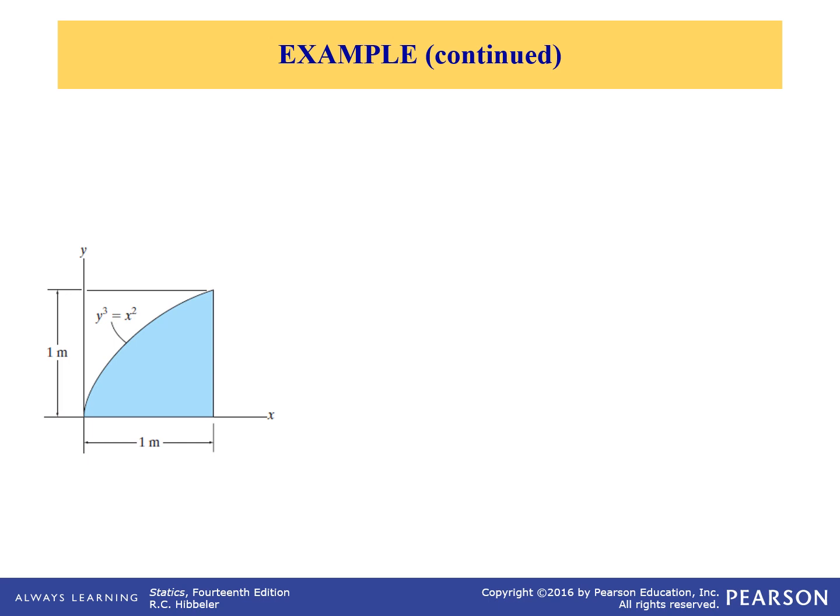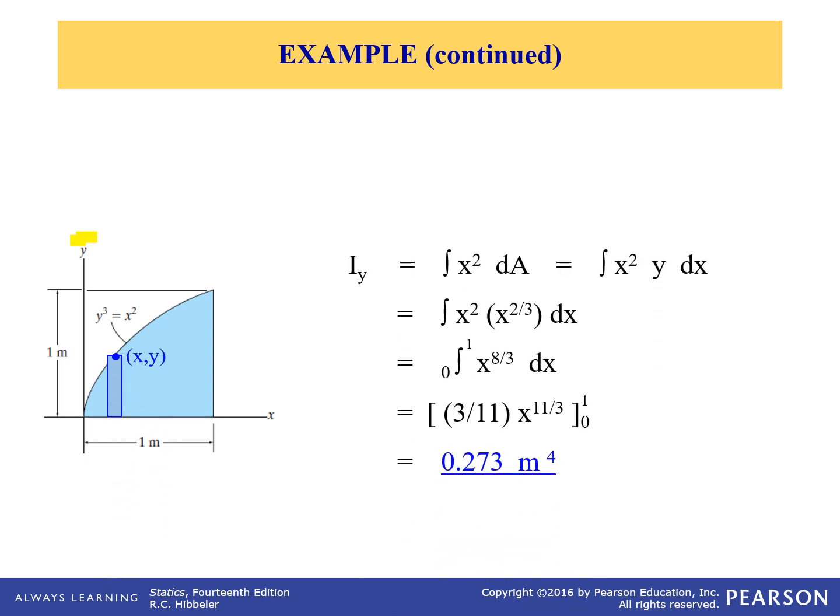Since we're calculating about the y-axis, the strip should be parallel to the y-axis, and then it's easier for us to identify the perpendicular distance from dA to the y-axis. We choose a vertical strip dA at a point located on the curve, and the point has coordinates x and y.